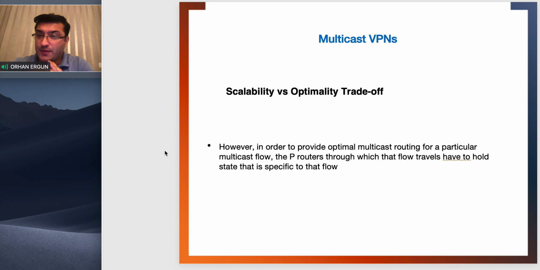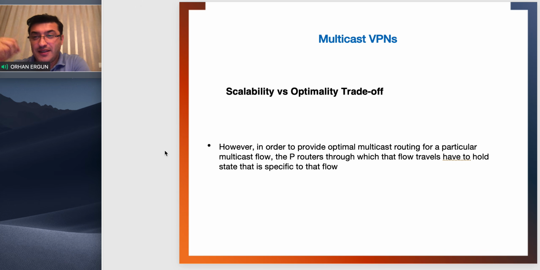I was telling you about this scalability versus optimality trade-off. Let's understand this, it is very important, when we learn all those MVPN models, those different core tree types and all those things.